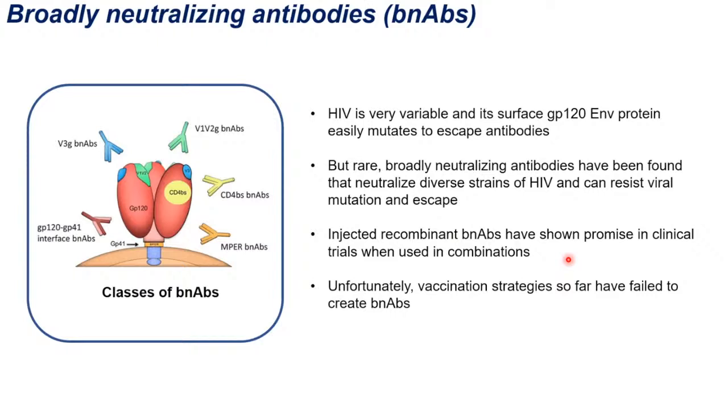So BNAbs are great, and it would be fantastic if we could vaccinate people, both HIV infected and uninfected, as a preventive measure to make BNAbs. But unfortunately, all current vaccination strategies have failed to create BNAbs. When people get vaccinated with the HIV ENV protein or some other derivative, they make lots of antibodies, but these are regular antibodies that HIV can mutate away from, and generally not these rare broadly neutralizing antibodies.